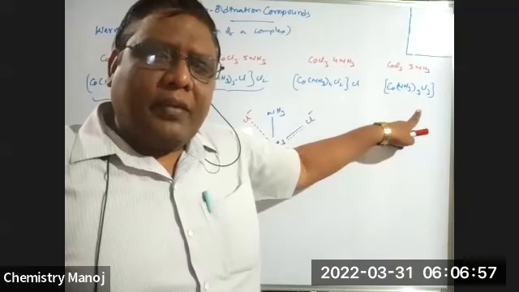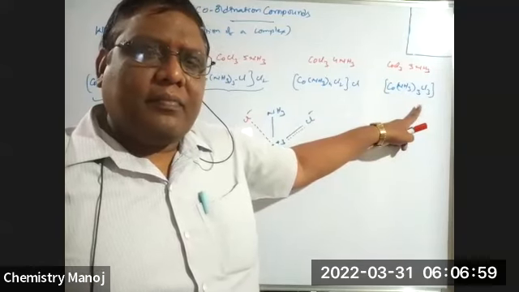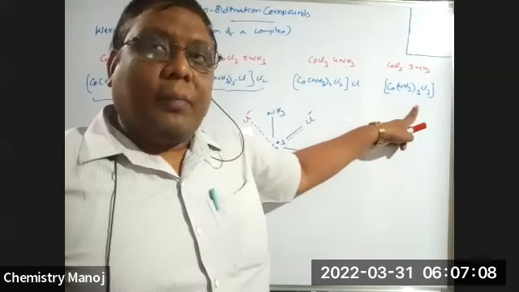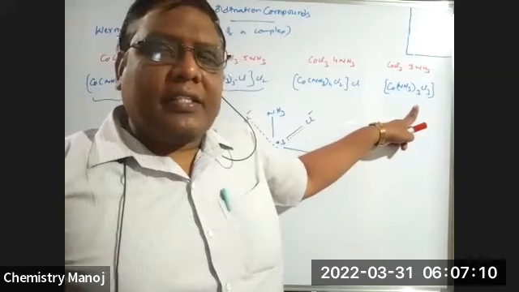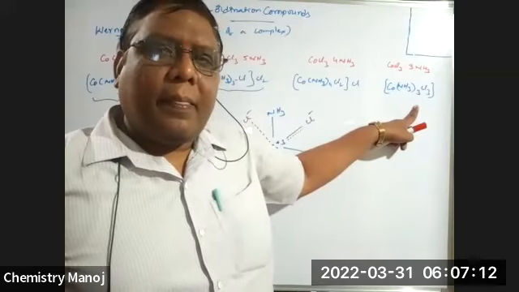One. How many chlorines satisfy both primary and secondary valency in this case? Three. How many only primary valency? Zero. Primary valency is zero, only secondary valency.